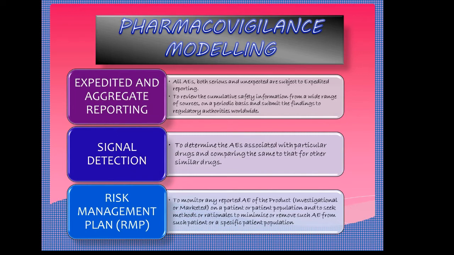So the plan is implemented, where an adverse event is continuously monitored and appropriate measures are suggested, implemented or taken to minimize or remove such adverse event for the particular patient population.